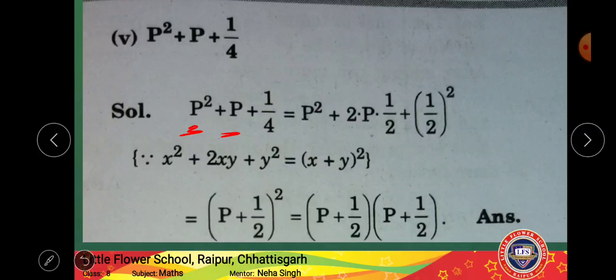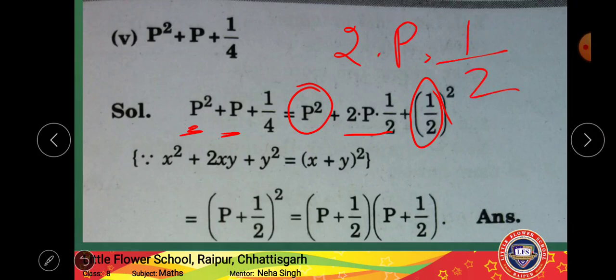So x is p and y is 1 by 2, and the middle term is 2 into x, which is p, into y, which is 1 by 2.